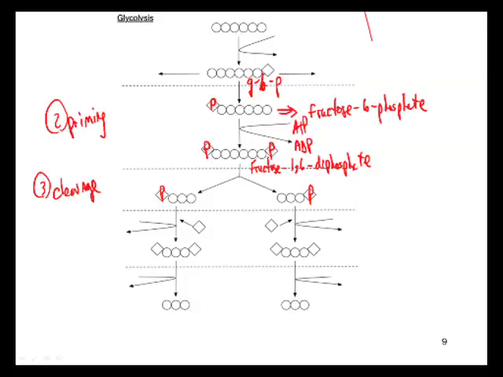And what we end up getting here is 2 molecules of something called phosphoglyceraldehyde, or PGAL, or glyceraldehyde 3-phosphate. So we've gone from 1 molecule with 6 carbons to 2 molecules of 3 carbons.